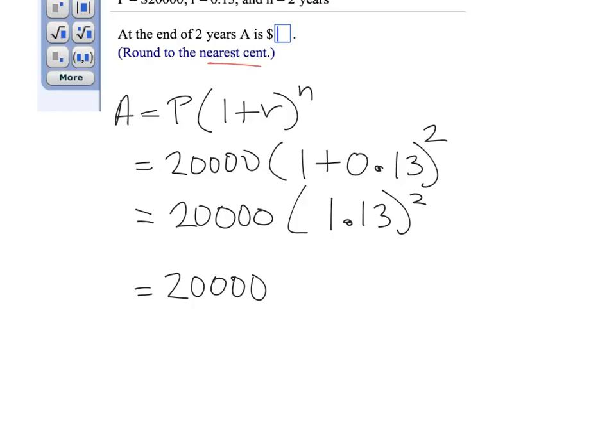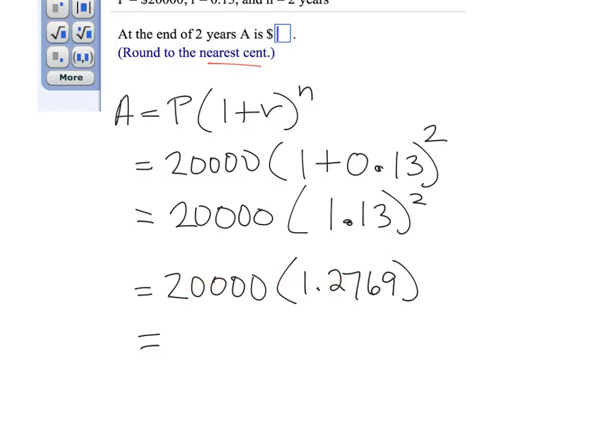So 1.13 raised to the second power, you get 1.2769. And now we are finally able to multiply these two things together.